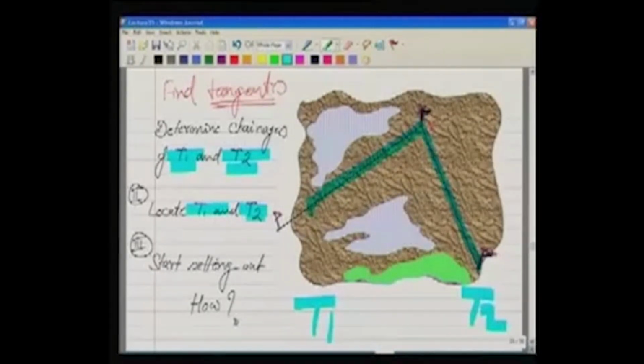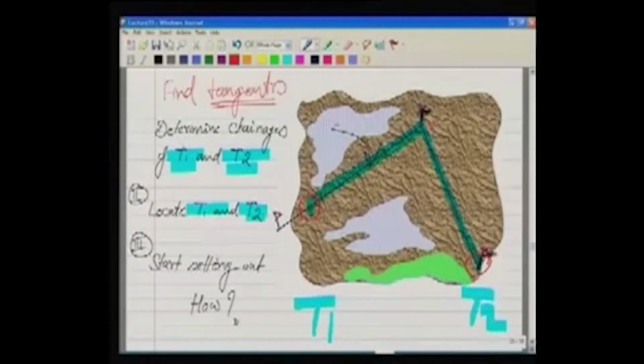So T1 and T2 are located because we can do the computation for this distance. Let us say T1 and T2 are located here.